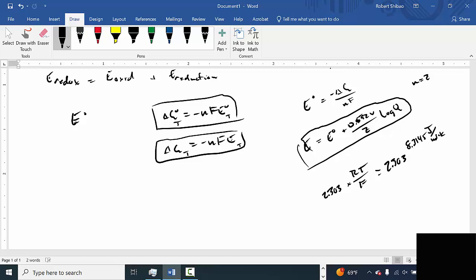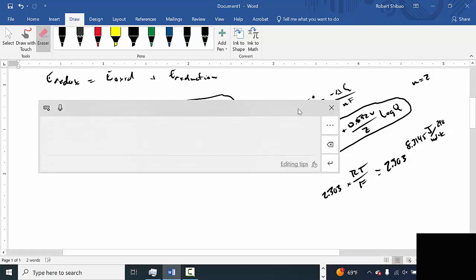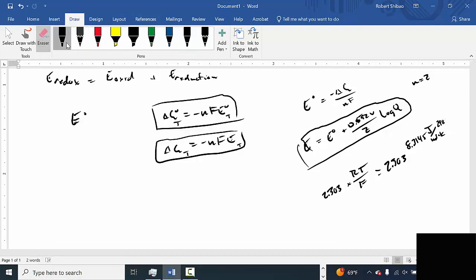And then T is in Kelvin. But, you know, normally temperature can vary, but for batteries we don't want them to get too hot or too cold. So we try to just operate them at what temperature? 298 Kelvin, 298.15. That's going to change a little bit. 25 degrees C or 298.15 Kelvin.